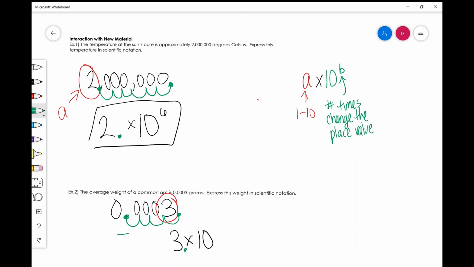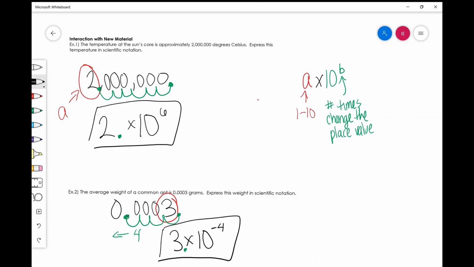I move 4 spaces to the left. Is my exponent going to be positive or negative? Negative. When we're moving to the left, we're making our number smaller, which means I should have a negative value. So my answer is 3 times 10 to the negative 4.